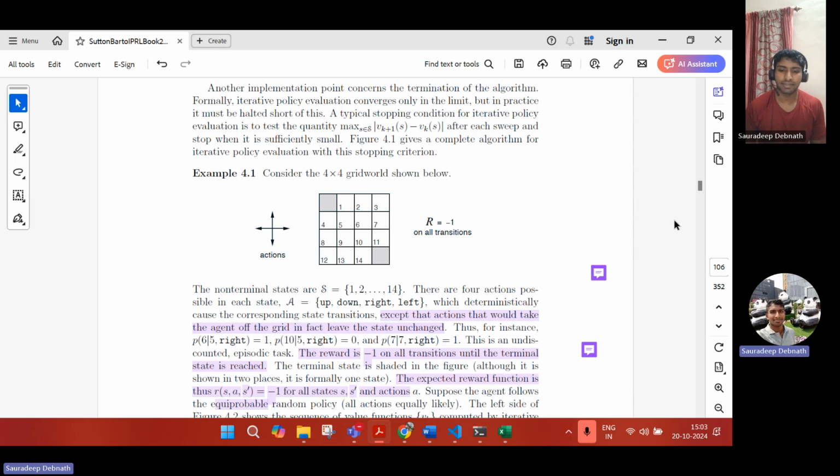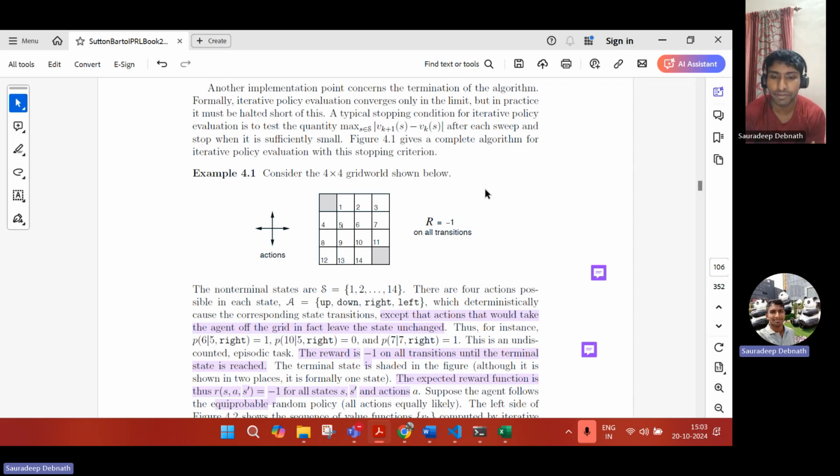And secondly, we know that it's equiprobable, uniform random. For example, if I'm at the 5 cell, I know the probability of going up, down, left, or right is all equal, 1 by 4. So I know the entire system dynamics. In such cases, we can use any of the planning or dynamic programming algorithms like policy iteration.